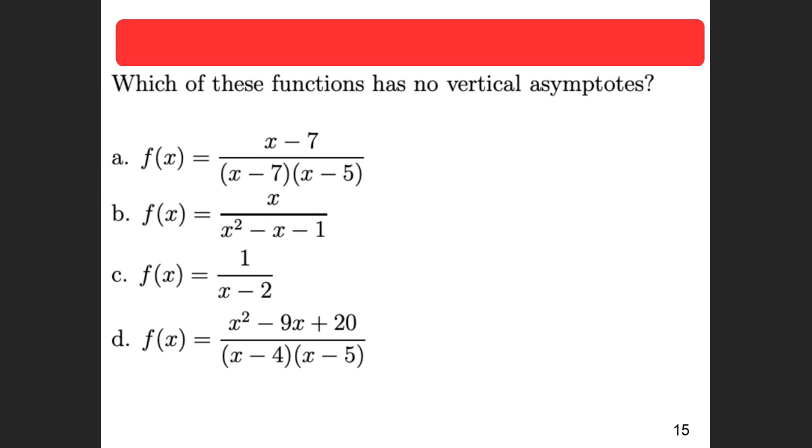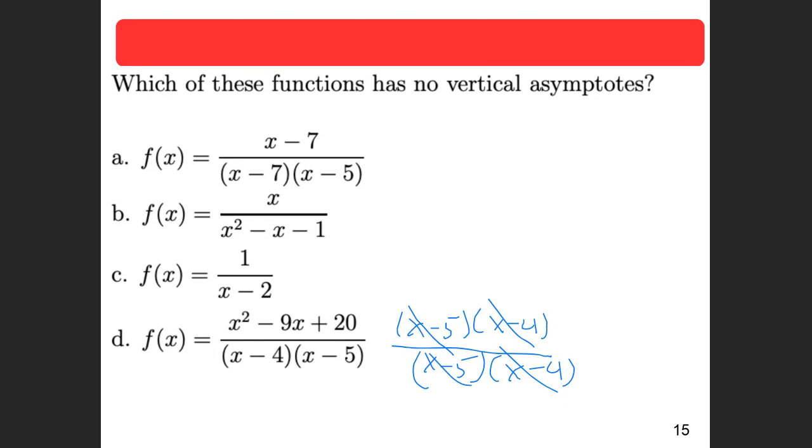Letter D. If you factor this, what do you get? X minus 5, x minus 4? Did I factor that right? And then I have x minus 5, x minus 4. They cross off. What is this function really? This function really is y is equal to 1.